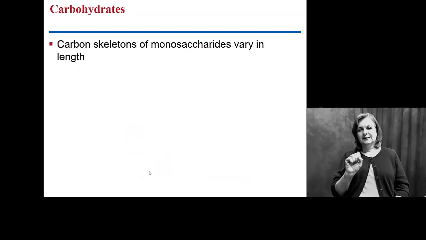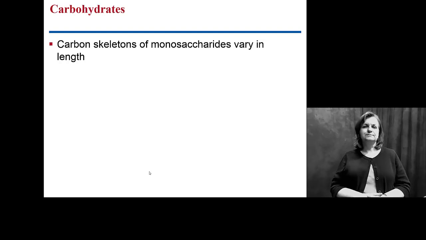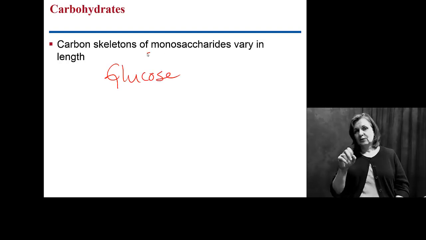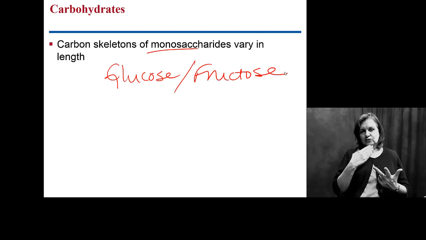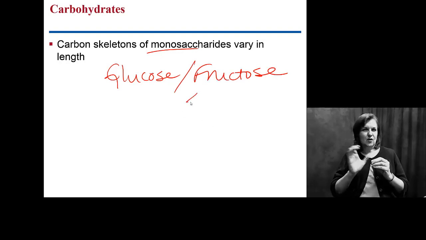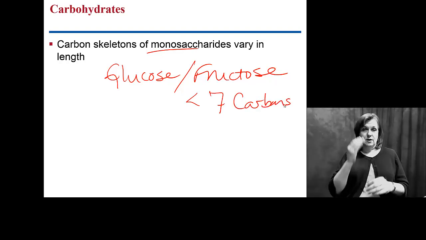So when we look at our carbon skeletons in our monosaccharides, I'll show you a picture in just a moment, we look at a number of different possibilities, but keep in mind that when we're talking about monosaccharides, we're talking about glucose, fructose, and a few others, but we're looking at only molecules that have less than 7 carbons in their skeletal system.